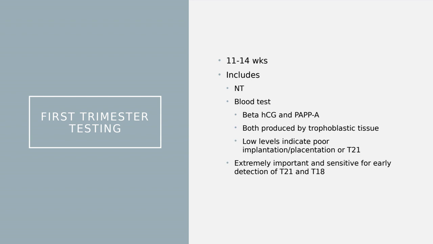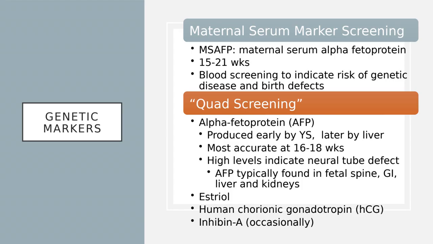We're looking to make sure that none of these levels are low, because that can indicate certain types of trisomies or poor outcomes for the pregnancy itself. The blood test is really sensitive for early detection of trisomy 21 and trisomy 18, which we'll talk about in a second. We also have some additional genetic markers that that blood test is looking for.